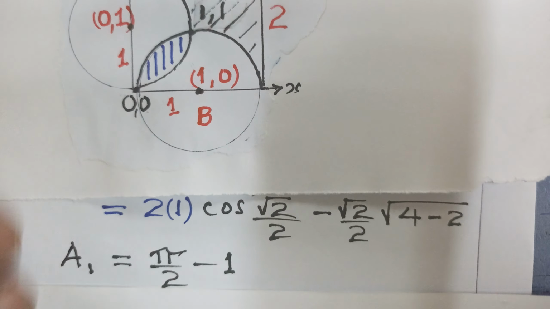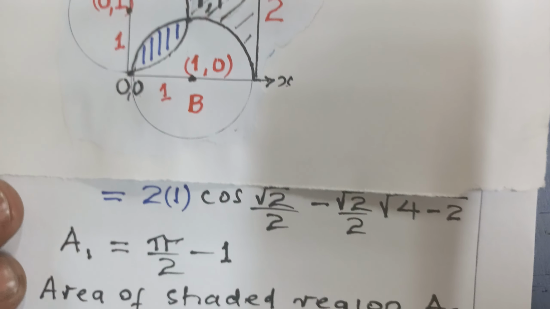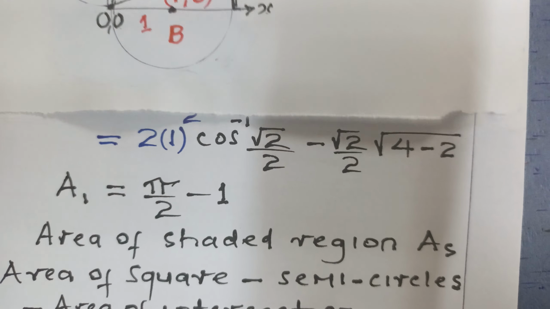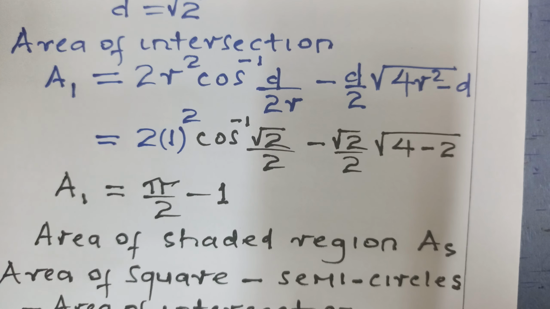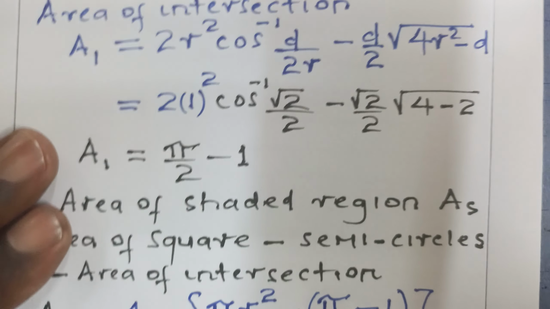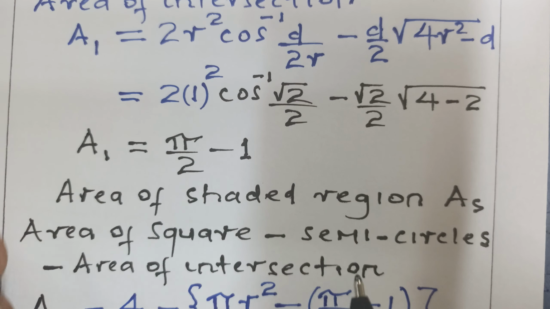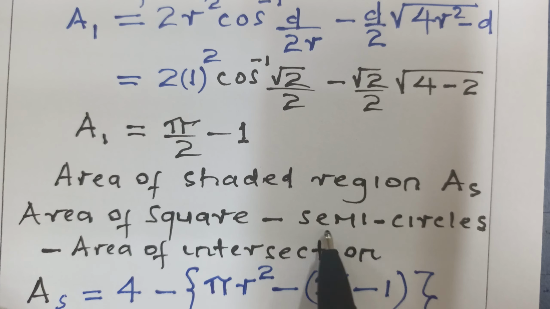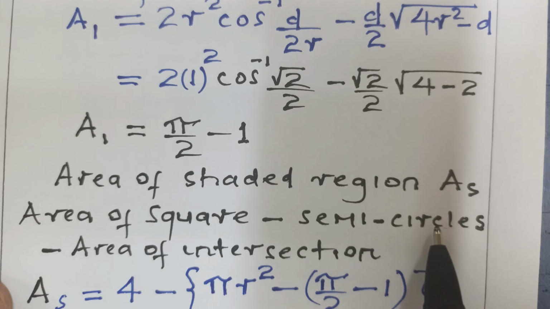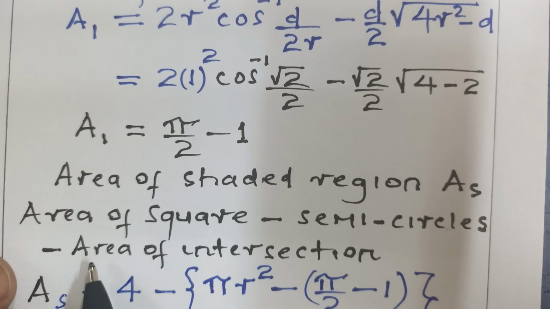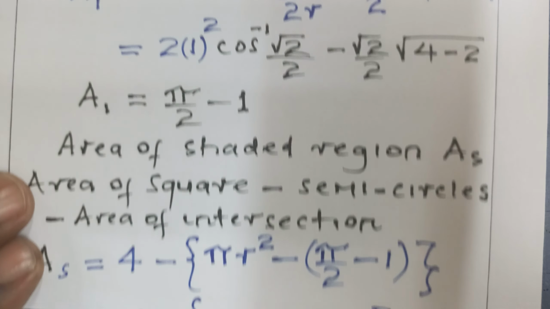And this is how I have done it, guys. This is the area of the shaded region now, which is what we are looking for. We shall have the area of the square minus the semicircles, which is one circle, because these semicircles are 2, now minus the area of intersection.